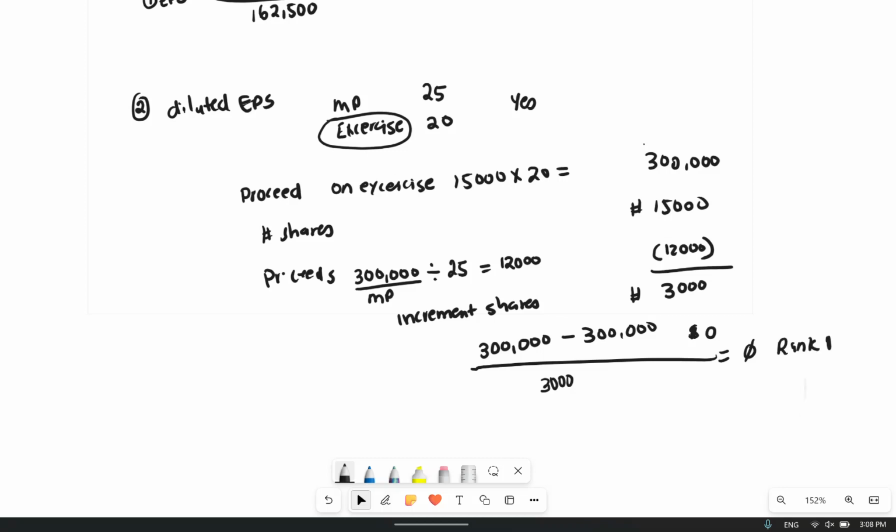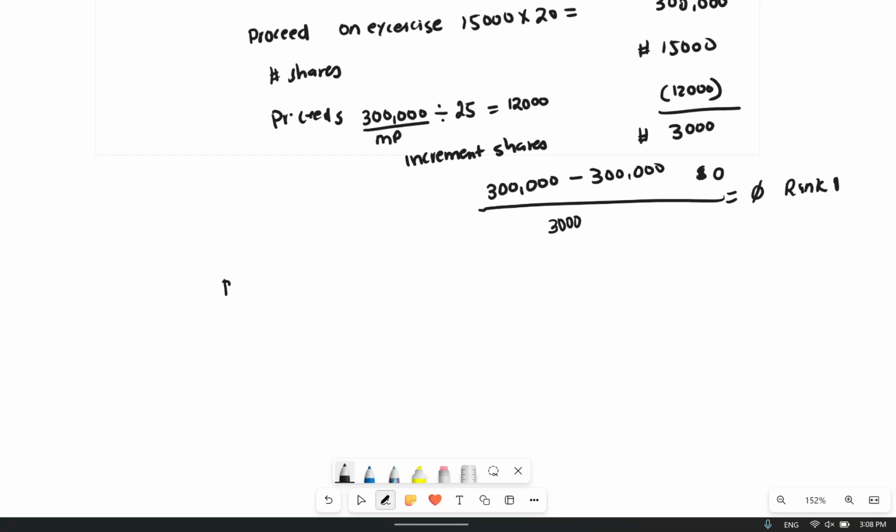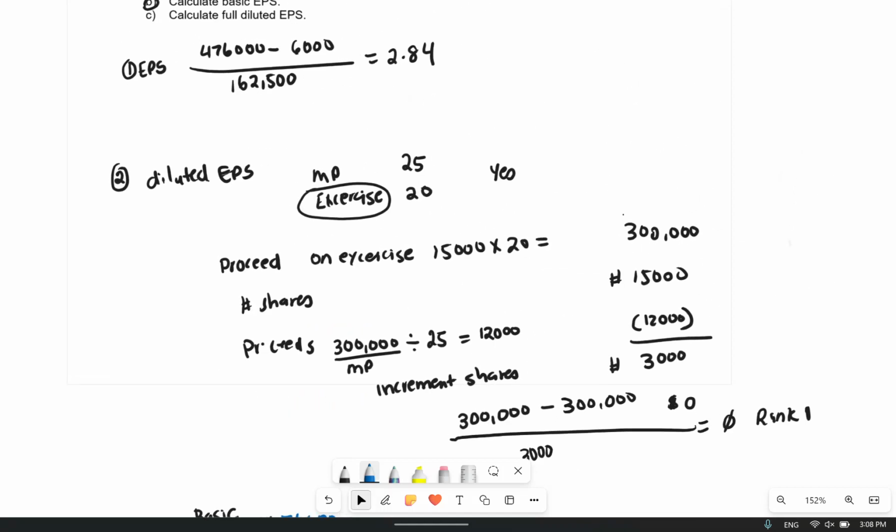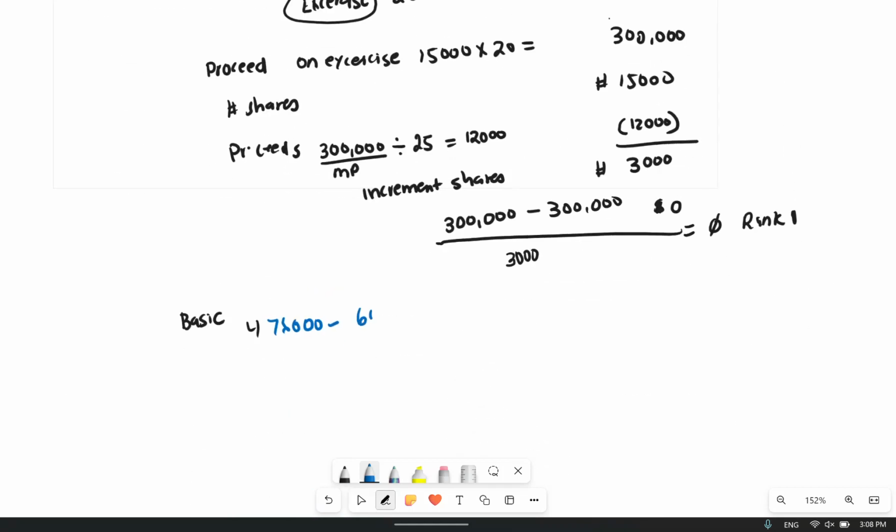Then the first one is you have to calculate your basic earning per share. Your basic is 476,000 minus your preferred dividend, which is your $6,000. So this doesn't change. This is my first one, divided by the number of shares outstanding, 162,500, and that will give me 2.89.